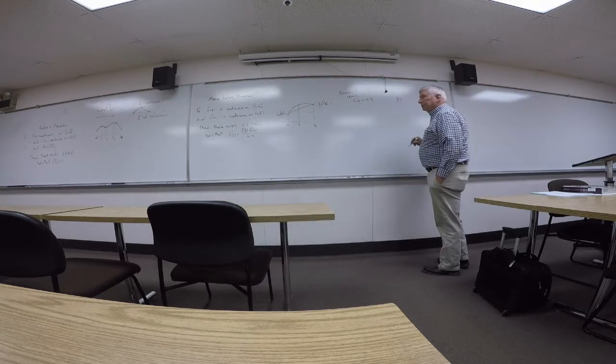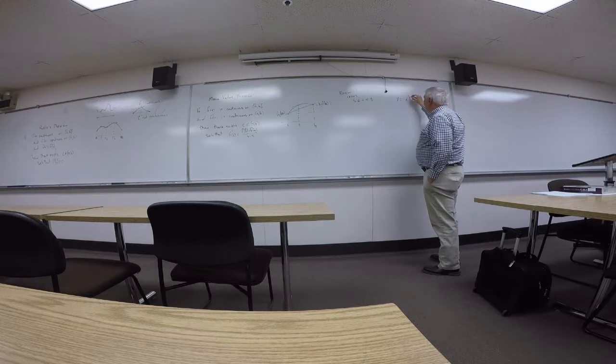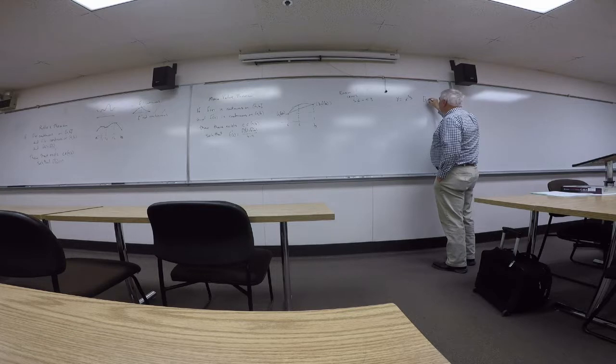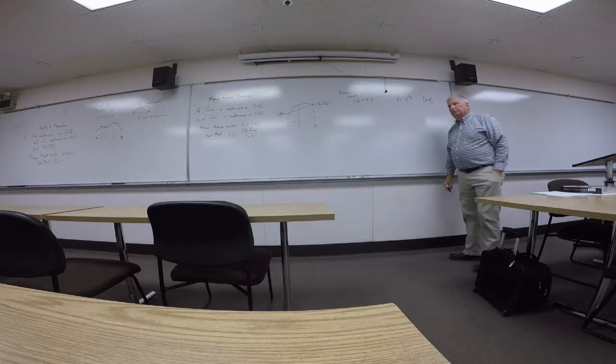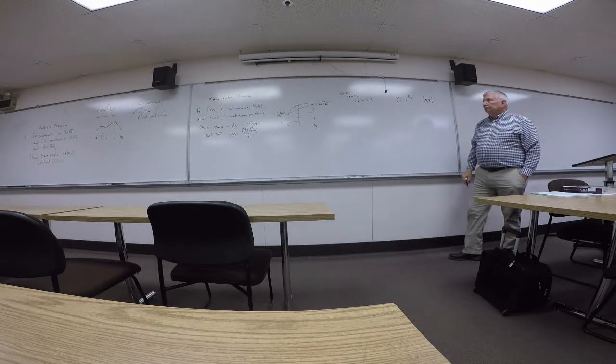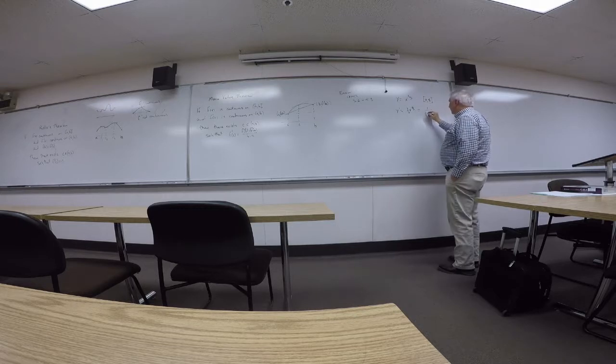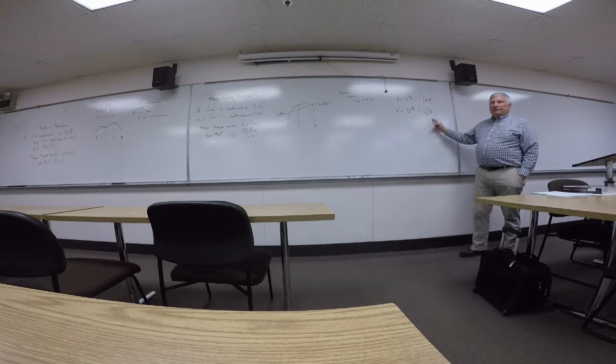y equals x to the 1/3 on the interval from 0 to 8. Y prime is 1/3 x to the minus 2/3, that is 1 over 3x to the 2/3. This is not defined at 0.